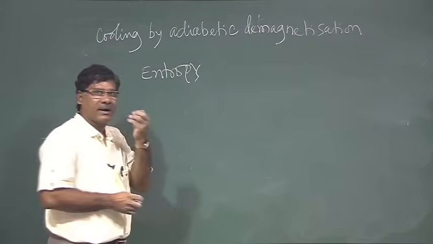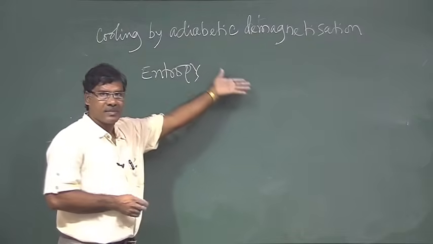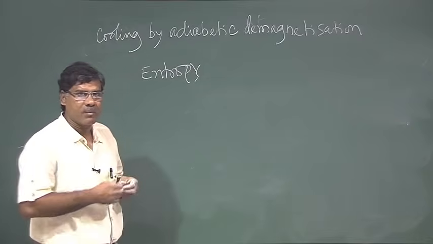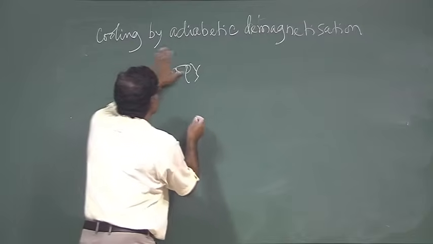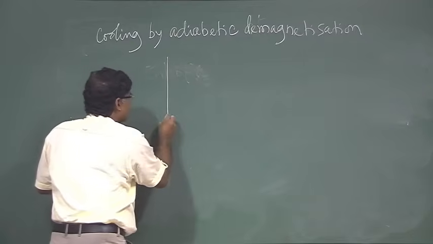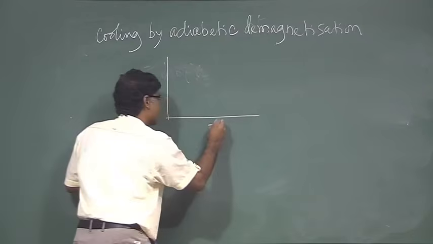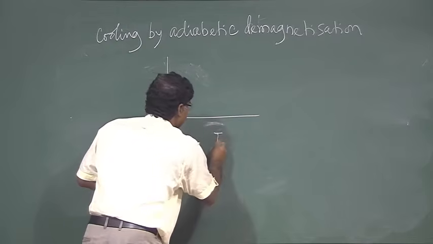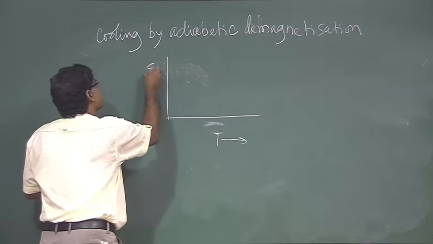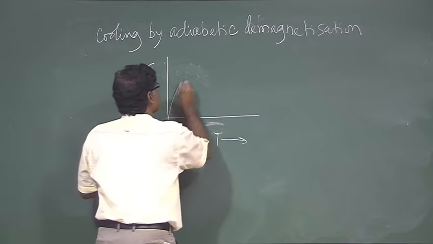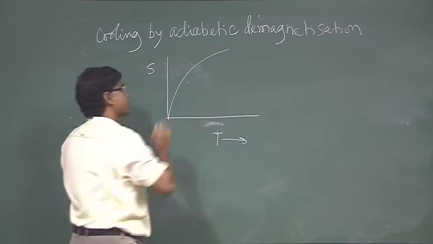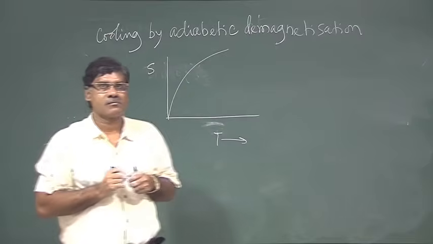So, entropy for this paramagnetic system is in terms of the orientation of dipole moments. So, if I plot entropy versus temperature, it will vary like this, okay.